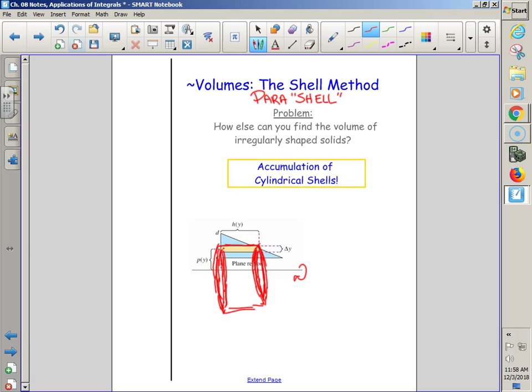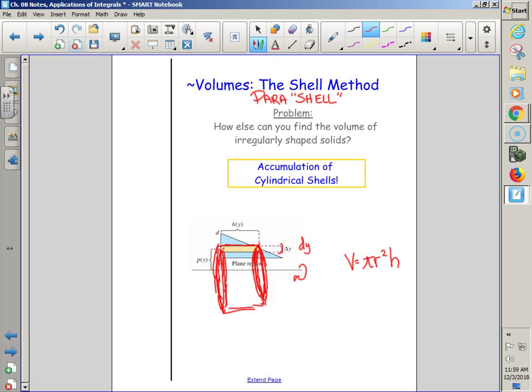Anyway, so coming back over here, what do we know about cylinders and their volumes? Aren't they pi r squared h's? Where's the thickness? Not here, but here.